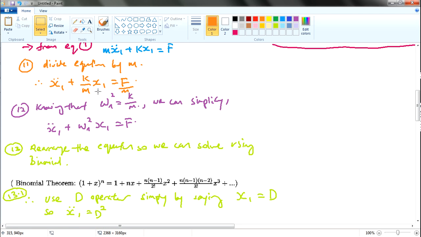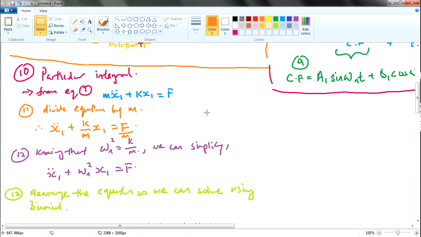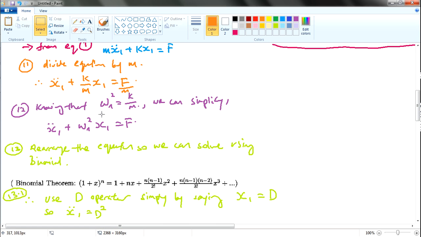The reason why you want to switch to natural frequency is because when you're dealing with graphs and everything, it is best to switch in terms of frequency or whatever parameters are in the graph.